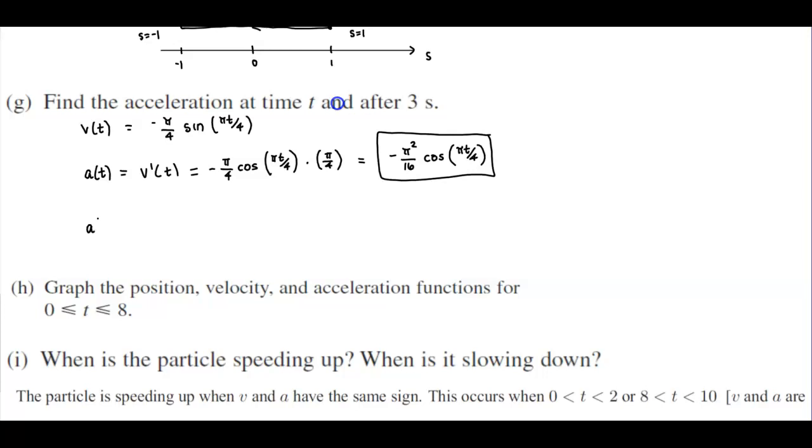And now we want to find out what happens after 3 seconds for the acceleration function. So that's equal to -pi squared over 16 times the cosine of, we're going to let t be 3, so it's going to be 3 pi over 4.